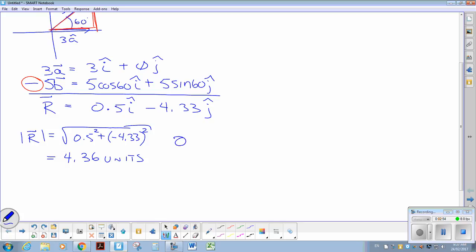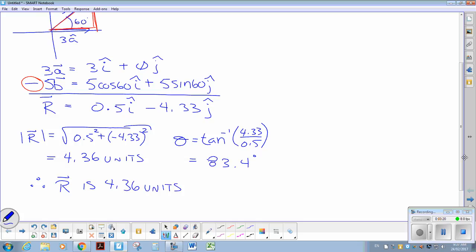My angle is the tan inverse of my y component over my x component. So shift tan of 4.33 divided by 0.5, 83 degrees. Therefore, the resultant is 4.36 units.